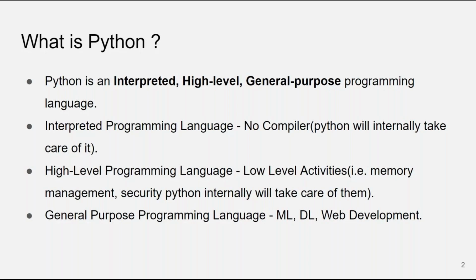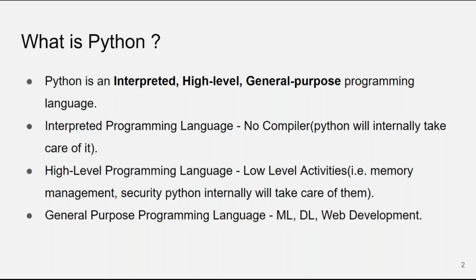So saving the program and compiling the program is not the headache of the programmer. Python software itself will take care of it internally. So that's the main difference between other languages like C, Java versus Python. In other languages, we have four steps: write the program first, then compile it, save it, and run it to see the output.